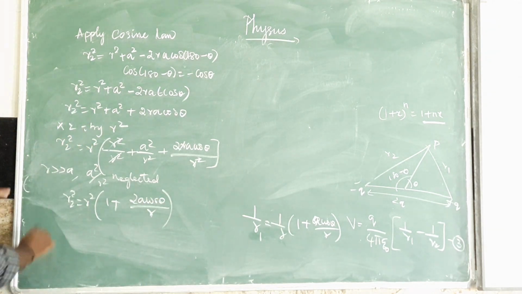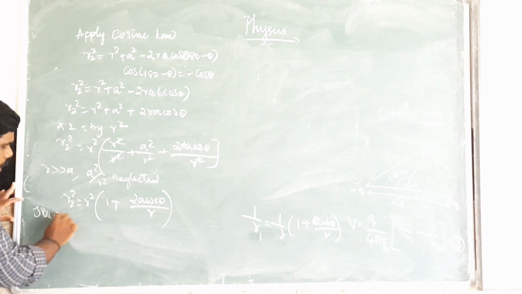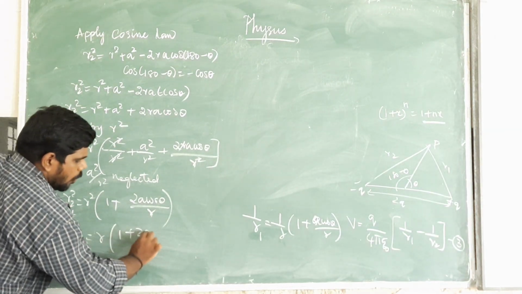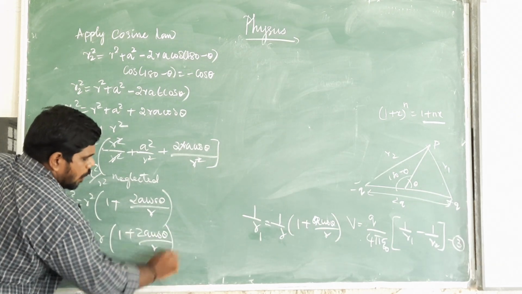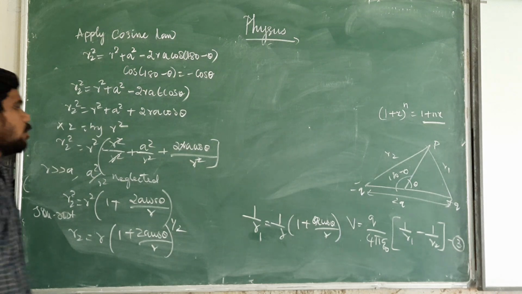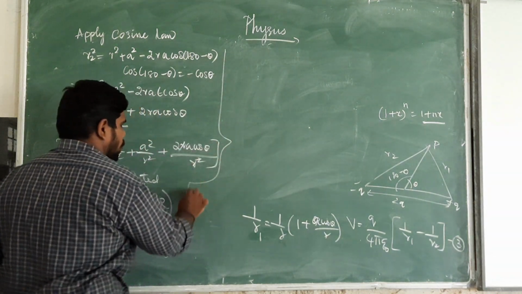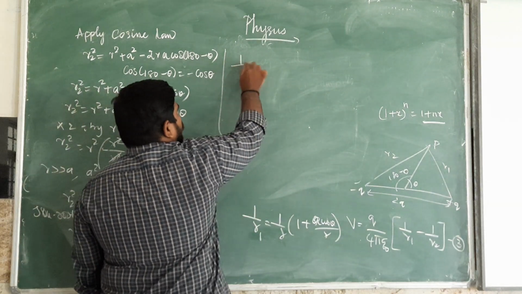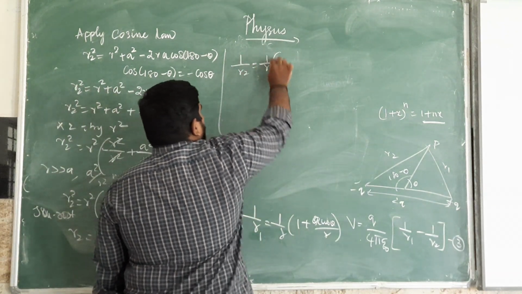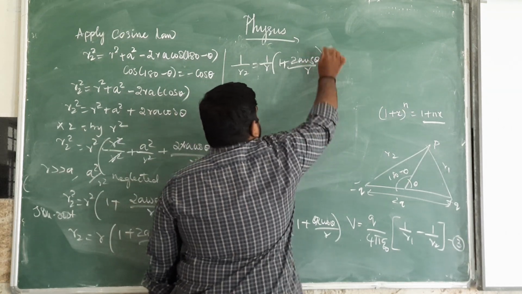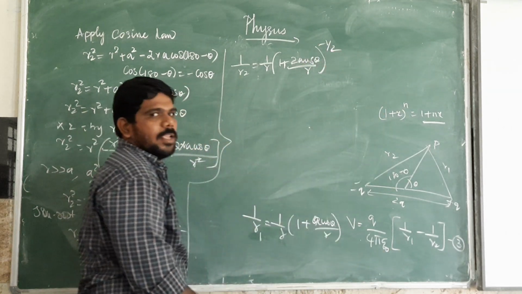Then take the square root. R2 is equal to R into 1 plus 2a cos theta by R, whole power 1 by 2. Then take the reciprocal: 1 by R2 is equal to 1 by R into 1 plus 2a cos theta by R, the whole power minus 1 by 2.